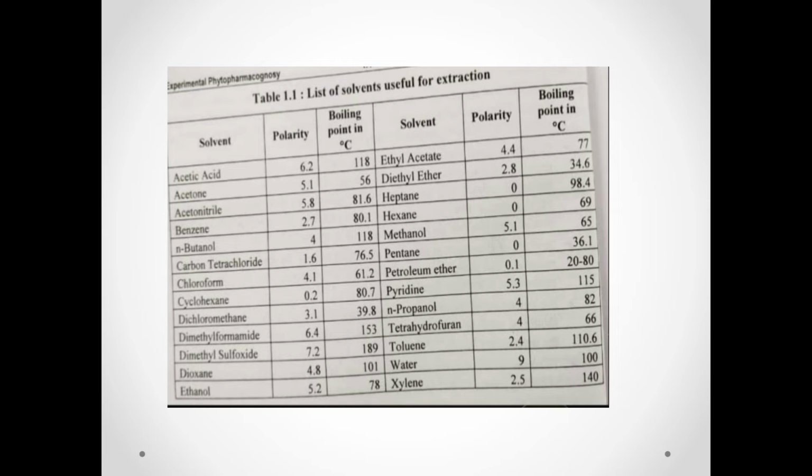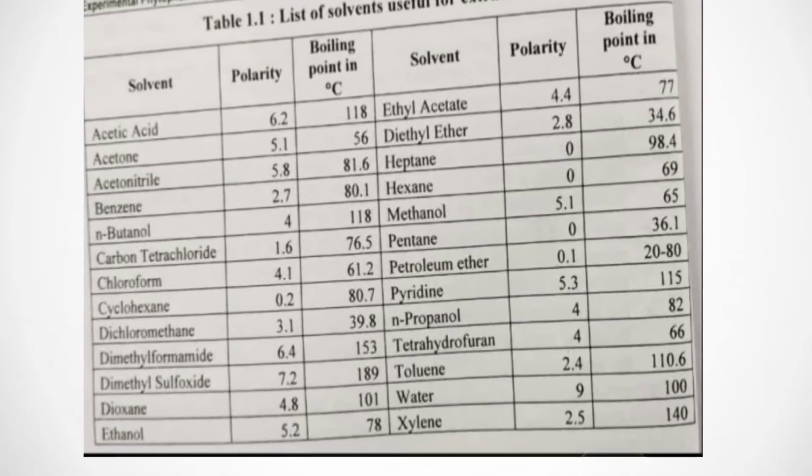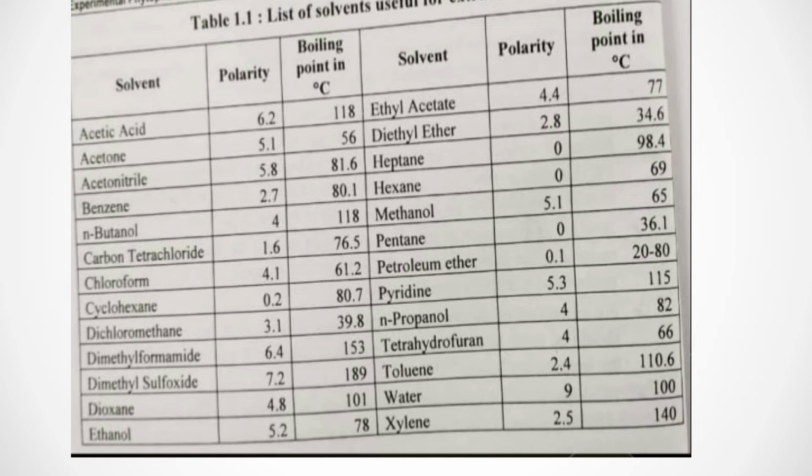The next point is related to the list of solvents which are useful in extraction. So there is a list of solvents with their polarity as well as boiling point in degrees Celsius. The solvents include acetic acid, acetone, acetonitrile, benzene, butanol, carbon tetrachloride, chloroform, cyclohexane, dichloromethane, dimethylformamide, dimethyl sulfoxide, dioxane, ethanol, ethyl acetate, diethyl ether, heptane, hexane, methanol, pentane, petroleum ether, pyridine, propanol, tetrahydrofuran, toluene, water and xylene.